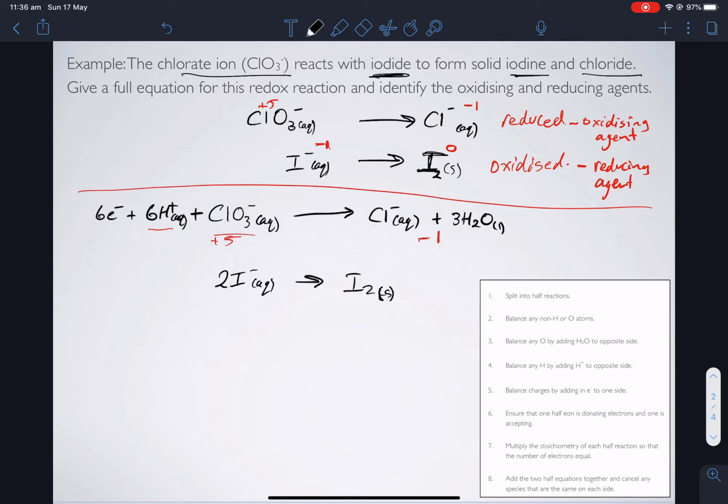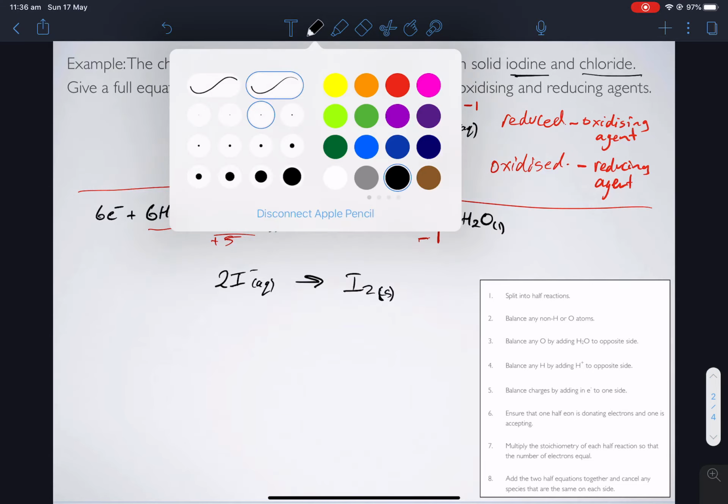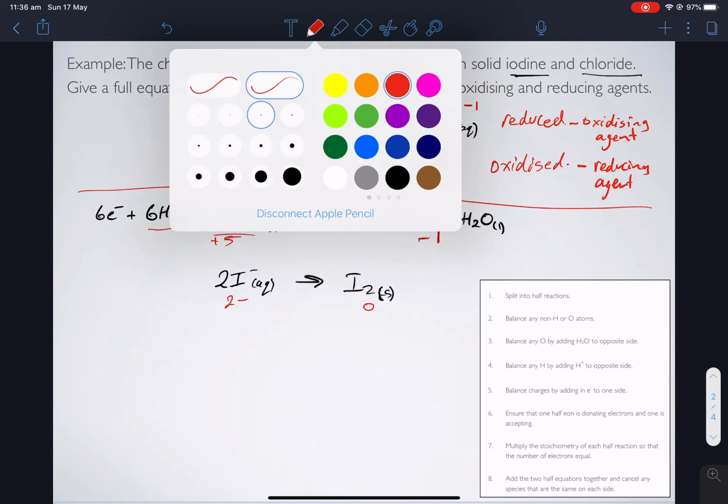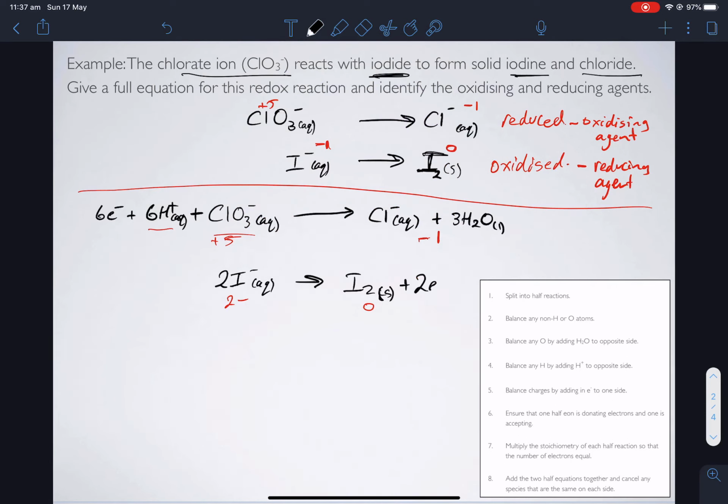Balance any charges. Okay, let's switch to the red for charges. We've got 2 minus and 0 on the right hand side. So we need to add in 2 electrons to the right hand side to bring it down to 2 negative. Plus 2 electrons. Okay, and this is reassuring too that we've put it on the right hand side, because in the other half equation with the chlorate, electrons are on the left-hand side.